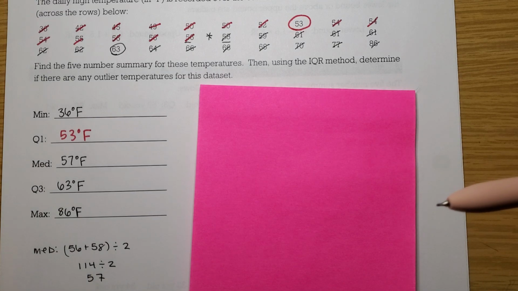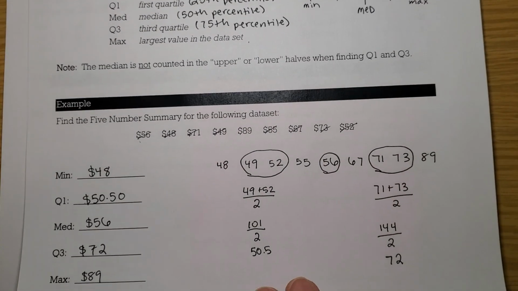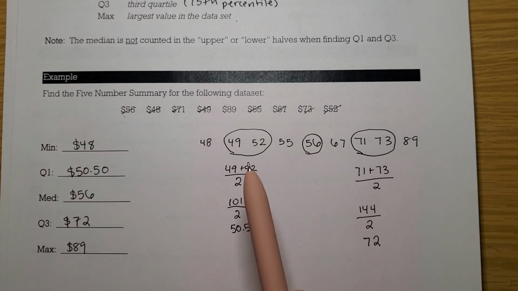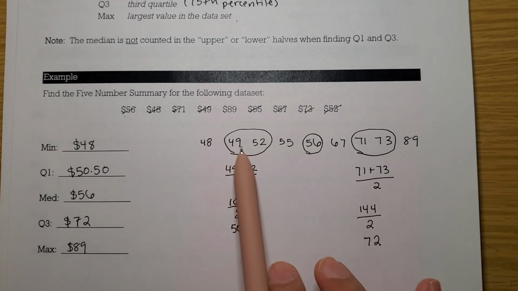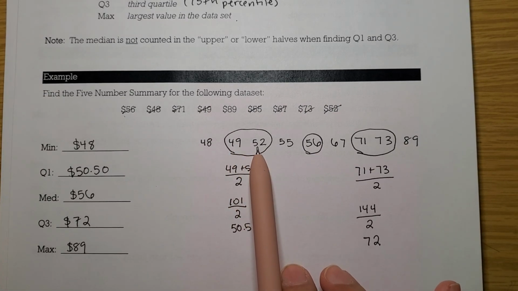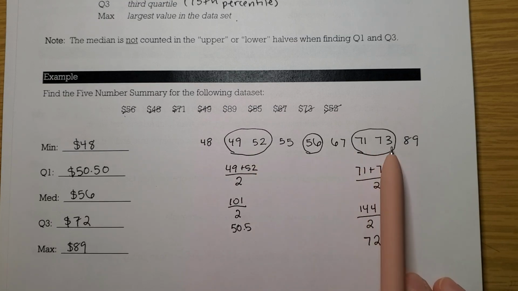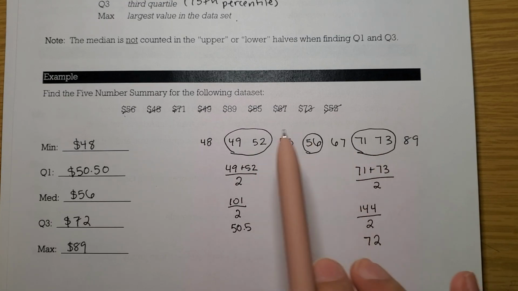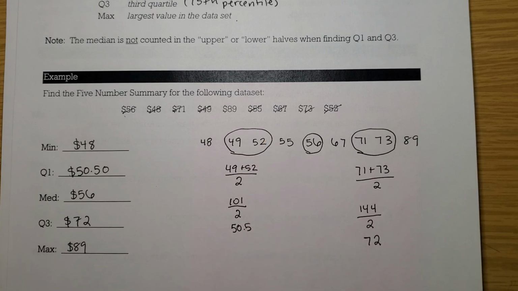Maybe you found your median wrong, or maybe your matching up was wrong. Similarly, in the previous example, we had two numbers that formed Q1, and two numbers that we used to find Q3. So again, these have to match up.